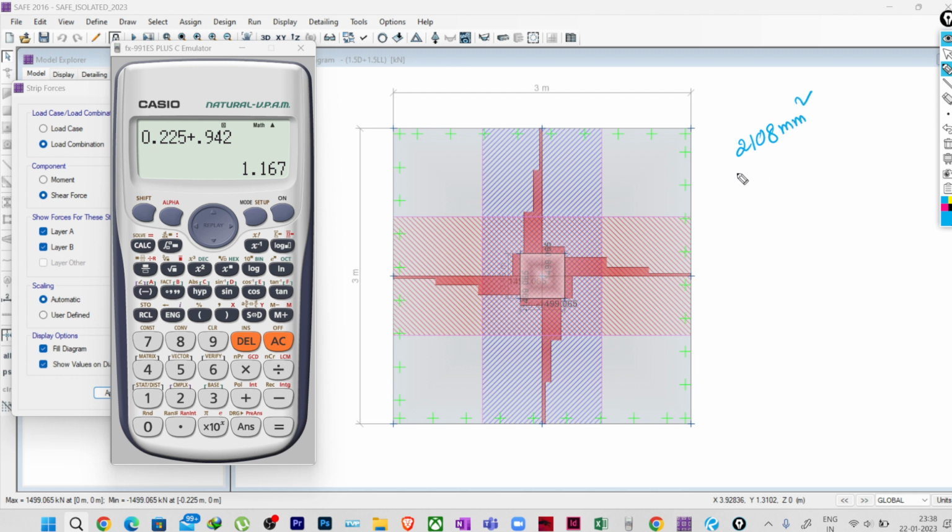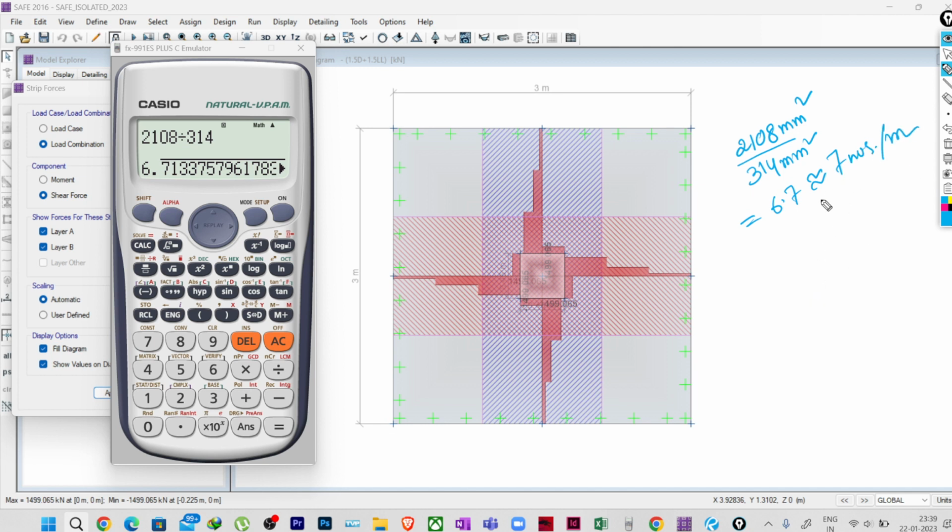Now suppose we will be providing 20 mm dia bar, so divided by 314 mm square. So how much are we getting? Number of bars: 2108 divided by 314, so it is around 6.7. So you can say 7 bars we require per meter width.